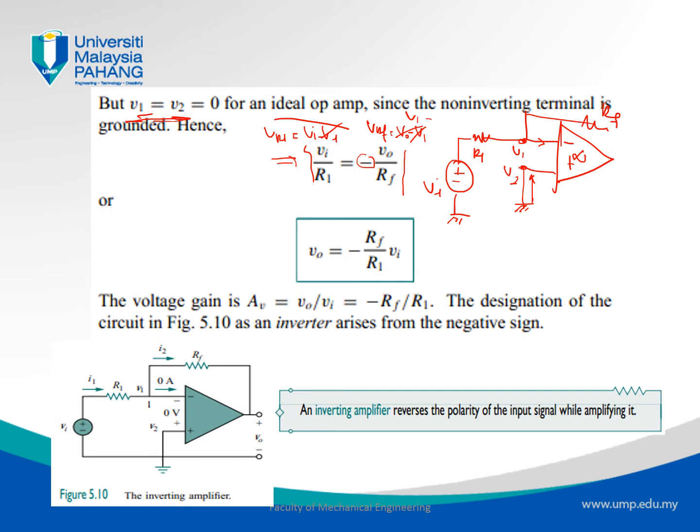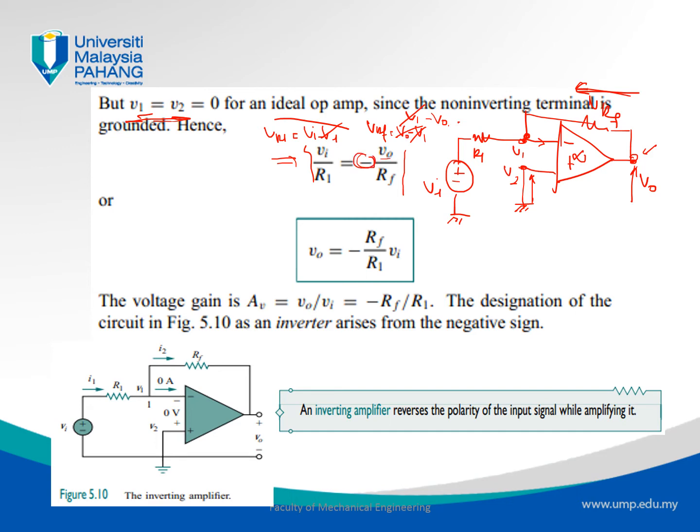It's V1 minus V0, because if we look at VRF, this is the voltage across the resistance RF. So VRF is the potential at this point, which is V1, minus the potential at the output, which is V0. So it's V1 minus V0, and we know that V1 equals 0, so now it becomes minus V0 over RF.